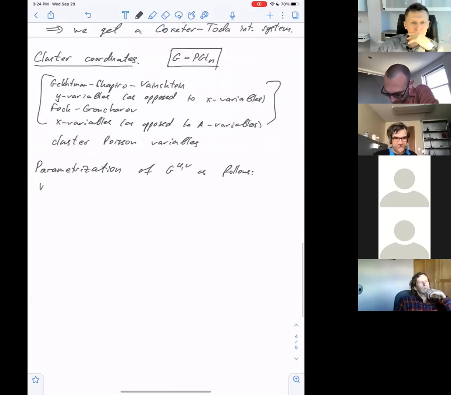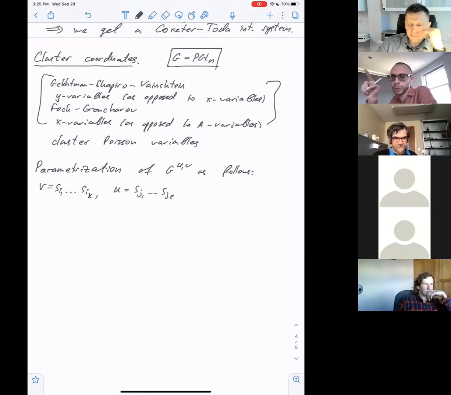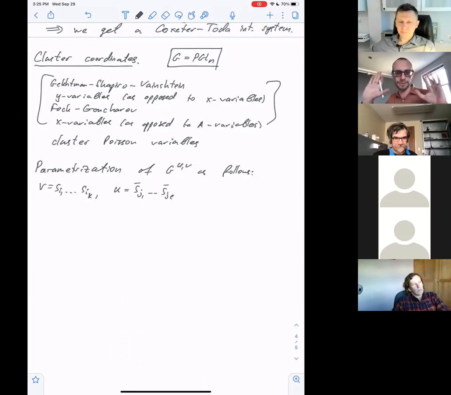I'll write v as s_{i_1} ... s_{i_k}, and I write u as s_{j_1} ... s_{j_l}, but I need to distinguish between the two. So I'll put bars over these, meaning these are the very same letters and the very same Weyl group, but I want to consider two separate Weyl groups, two identical Weyl groups with two different alphabets.